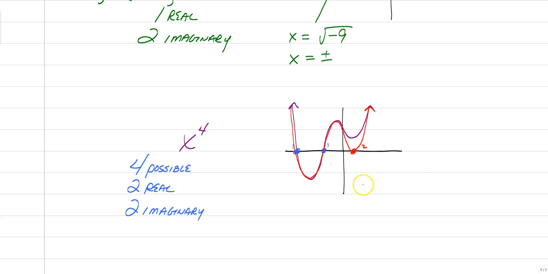So the red one, we would have 4 possible, and then 3 of them are real, and there are 0 imaginary. Because again, imaginary must come in pairs. So you can't have 1 imaginary. You can't have 2 because that puts you over 4. Okay, so sometimes it is a little bit less, but sometimes they'll add up to be 4.